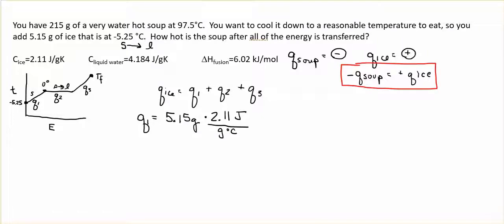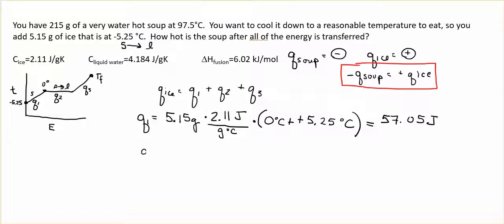Again, it doesn't matter because we're going to be dealing with a delta T. The delta T, we end Q1 at 0, that's the T final, minus negative 5.25, that's the T initial. So you can see all of our units are going to cancel except for joules. And of course this is addition of the opposite. So 5.15 times 2.11 times 5.25 gives us 57.05 joules.